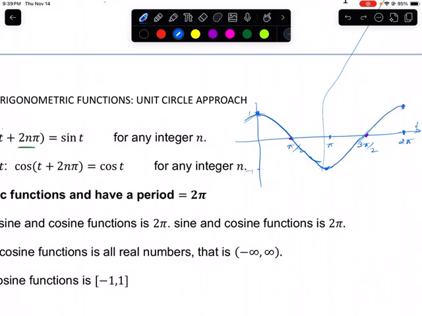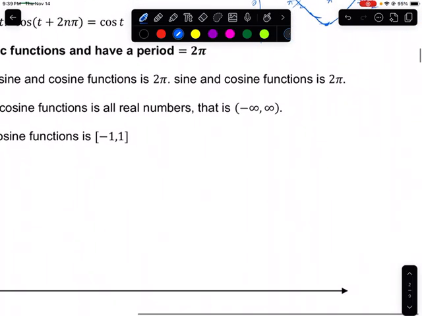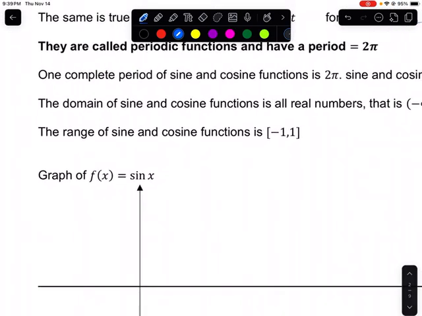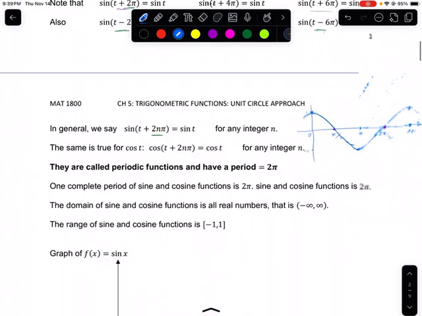Okay, so now we can practice the graph of sine. But what we have found until here is that these functions are periodic with a period of 2 pi. So what does that mean?